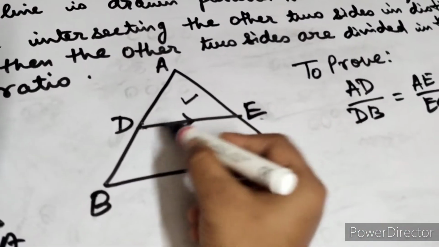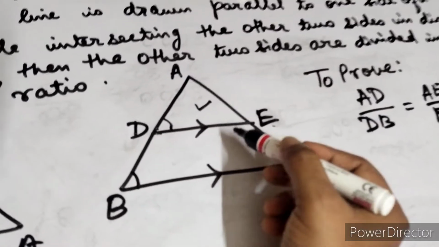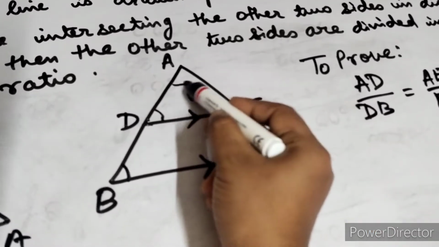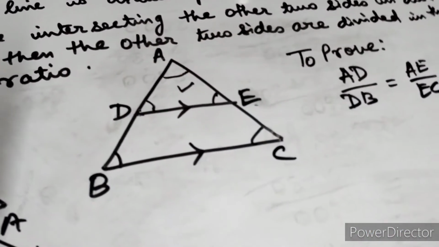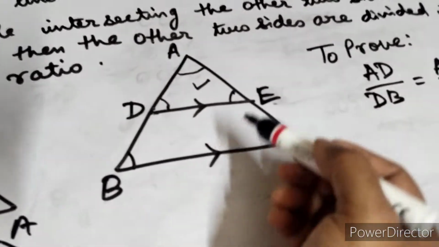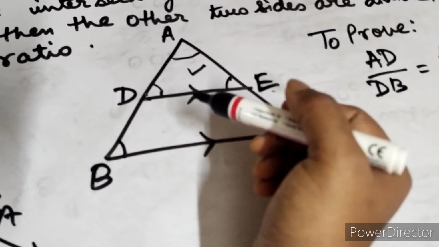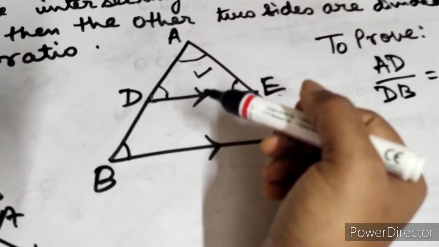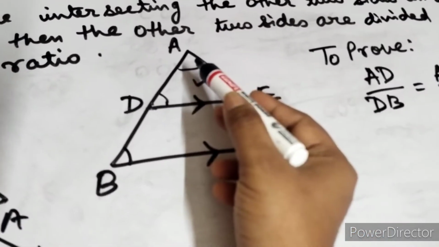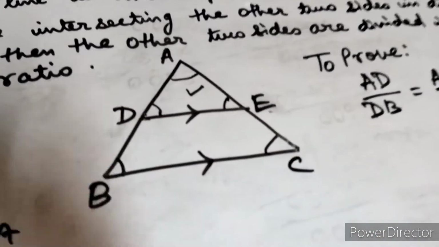Since this is parallel to this, this angle will be equal to this angle, corresponding angles, and again this angle will be equal to this angle, and this is common. So by the angle property, these two triangles are similar, and when two triangles are similar, the corresponding sides are proportional to each other, isn't it? So in that way we can prove that AD by DB equals AE by EC.